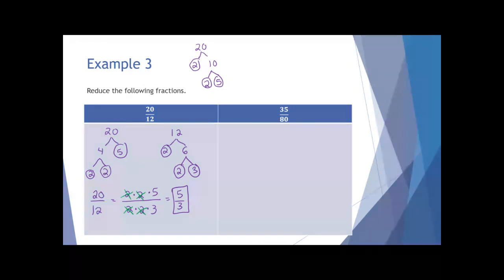Now let's do the second one with division. So we want a number that I can divide out of 35 and 80. What number can divide into both? Is it 5? Yes. The rule is things are divisible by 5 if they end in a 0 or a 5.